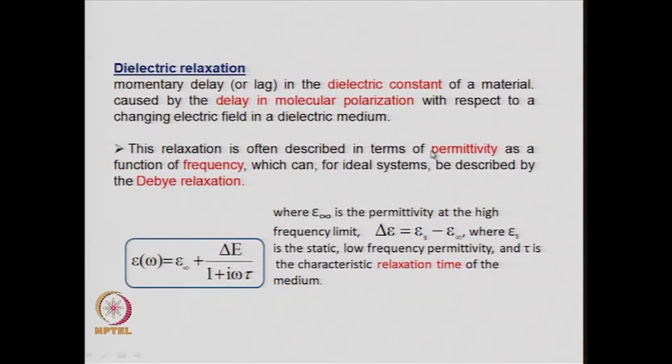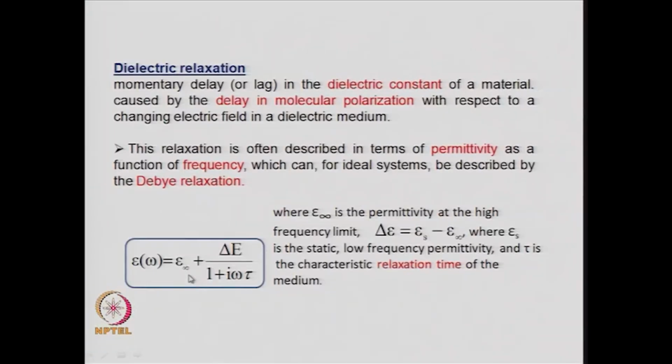Many times it is explained in terms of variation in frequency and is also called the Debye relaxation. So, the dielectric constant as a function of frequency is the quantity of interest here to understand this dielectric relaxation, and this dielectric constant as a function of frequency, or omega, is shown here, related to the dielectric constant at very high frequency.